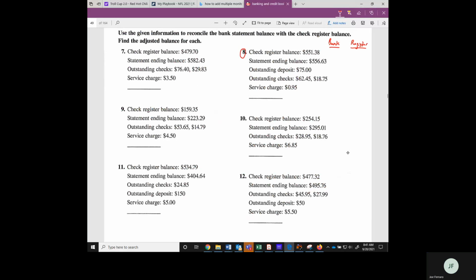Okay, so check register balance, 551.38, and the statement balance, 556.63. Now this is something new. An outstanding deposit means the bank statement is missing a deposit. The deposit adds to our bank statement.